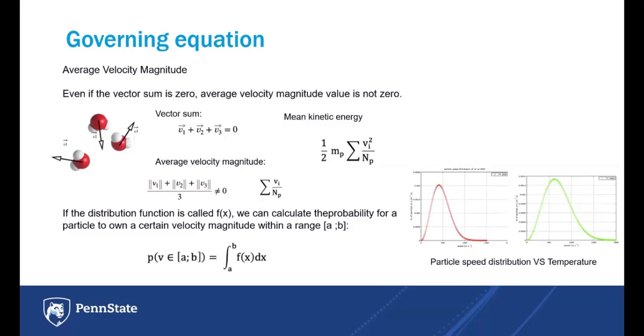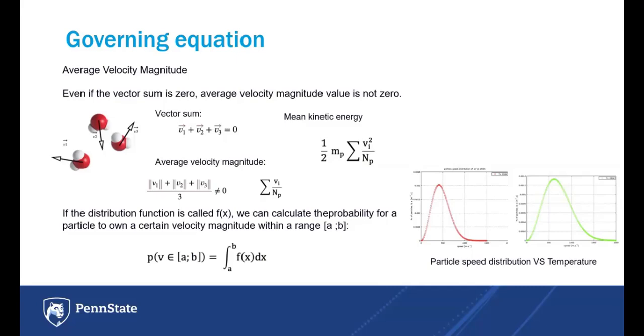To find the probability that a particle has a speed between a and b, we use this equation at the bottom. This gives us the fraction of particles with speed in that range. In this process, we also need to consider the temperature, because when the temperature changes, the velocity will also change.